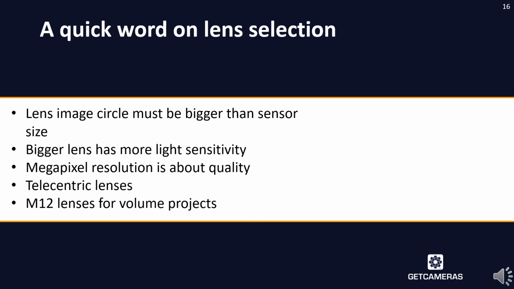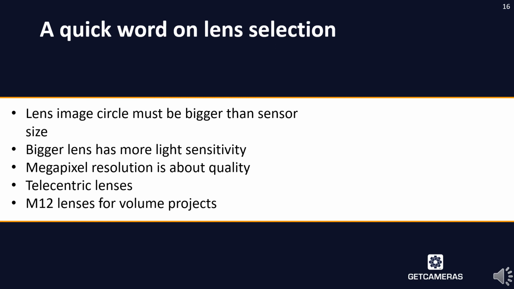If you choose a lens which is smaller than the sensor, basically you will cut off the corners and the corners will become dark. In some applications, this is not even a problem, but just to put it exactly as we also see it, the lens should be as big or bigger than the sensor itself. If you choose a bigger lens, where there is more glass, more likely those lenses have a better light sensitivity.